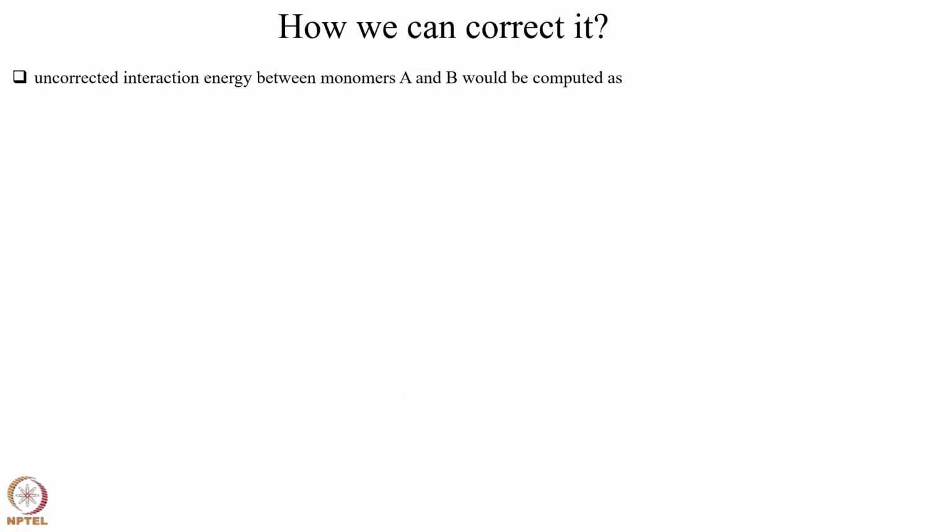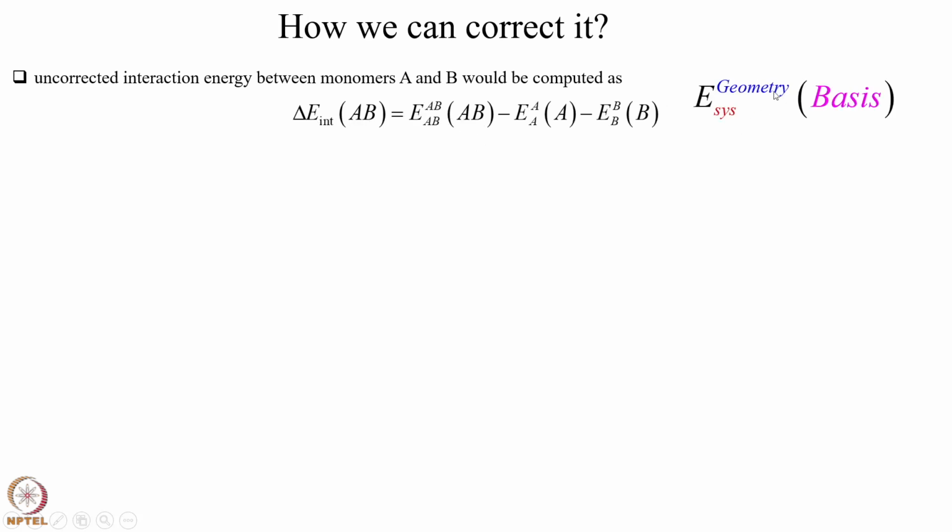How can we correct for it? Let us discuss the uncorrected interaction energy between monomers A and B, E interaction of AB is equal to... Before going into this kind of structure, let us see the nomenclature. What is inside the bracket is the basis set, the superscript is the geometry, and the subscript is the system.